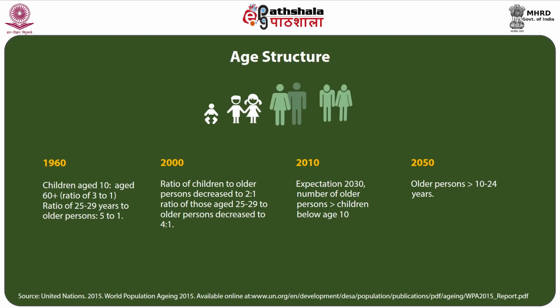It clearly indicates that the number of older persons is increasing compared to the children below the age group of 10 years, and furthermore, it is expected to increase further.